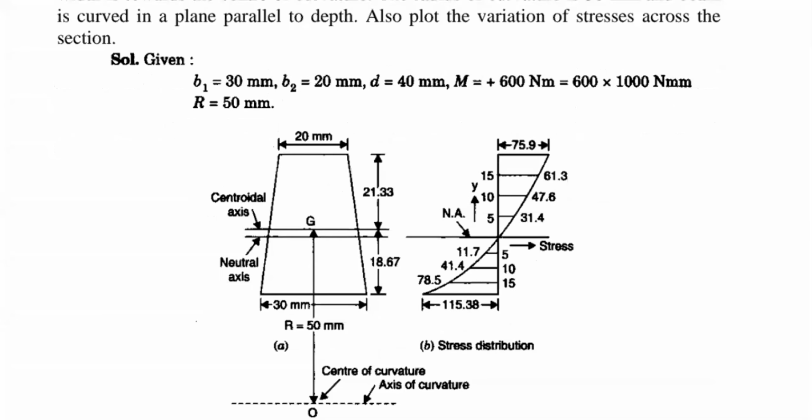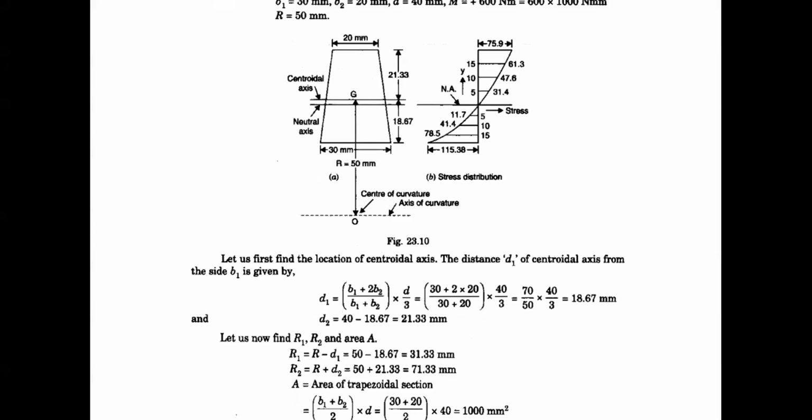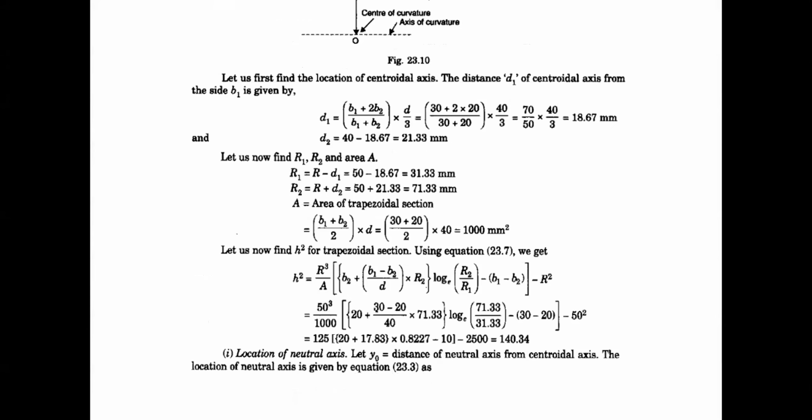The h square value formula will be available in your derivation of the trapezoidal section. Please verify in your notes, the equation is 23.7.